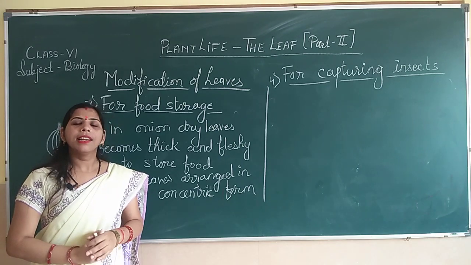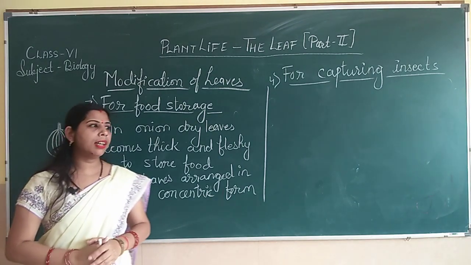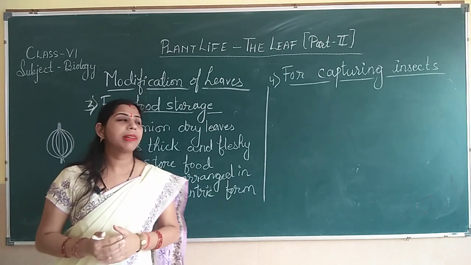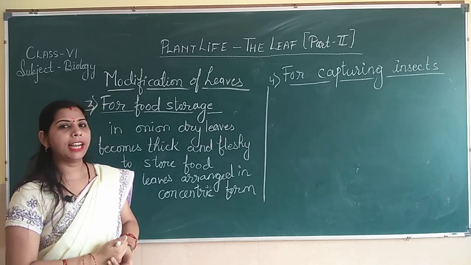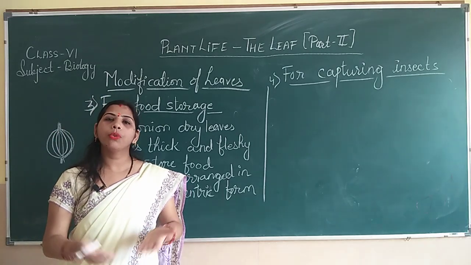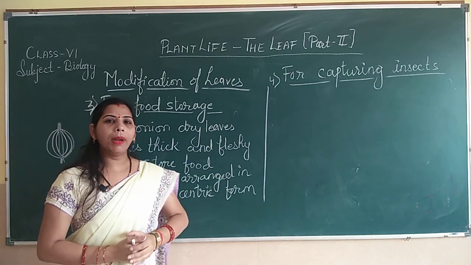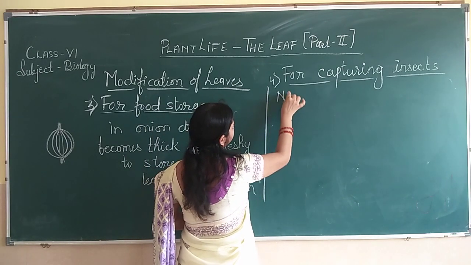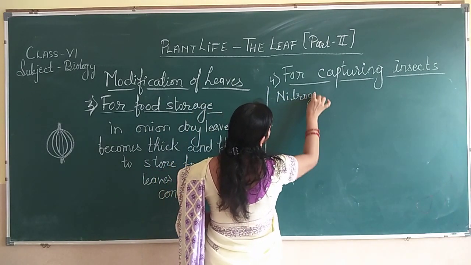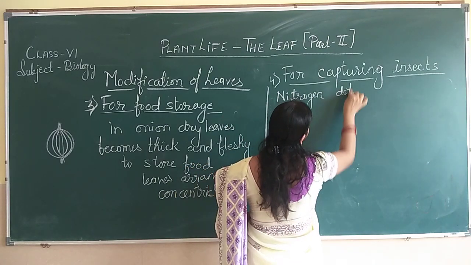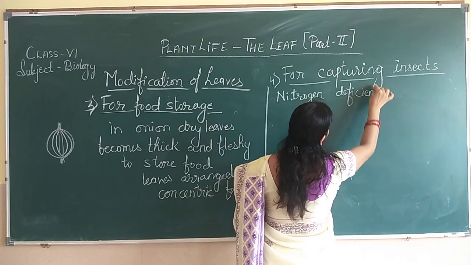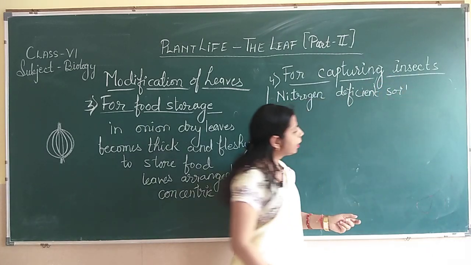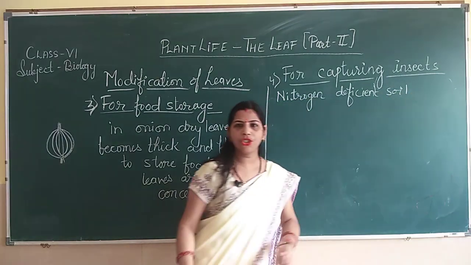The reason is that some plants, for example the pitcher plant, the Venus flytrap and sundew, are insectivorous plants, that means those that take insects. Those plants grow in nitrogen deficient soil.